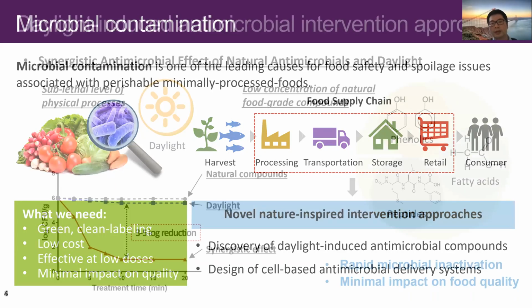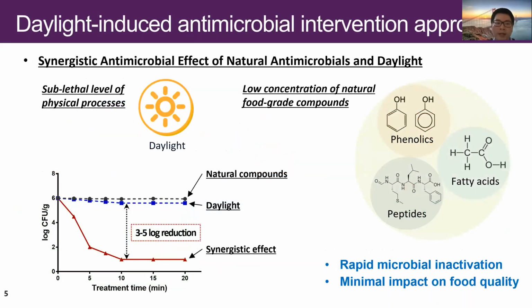First, the concept is that we are using a sublethal level of physical process. In this case, we use daylight, and we combine this low-intensity treatment with a low concentration of natural food-grade compounds. The idea is that if we just use a low concentration of natural compounds, we don't kill any bacteria. And if we only use the daylight, we don't kill the bacteria, of course.